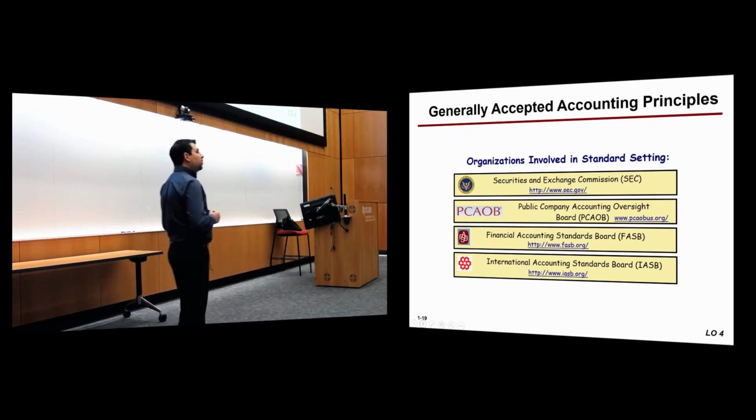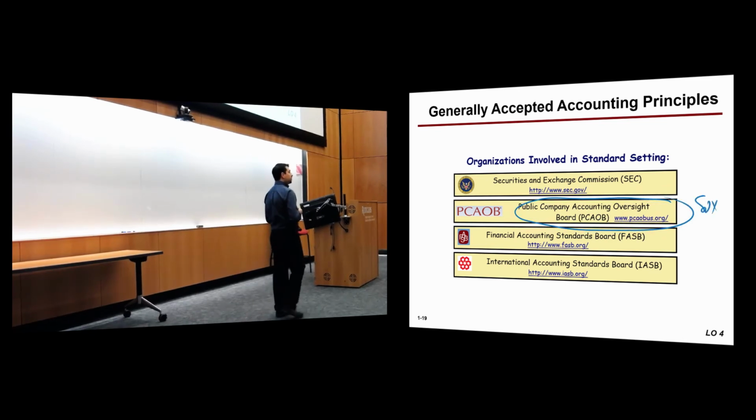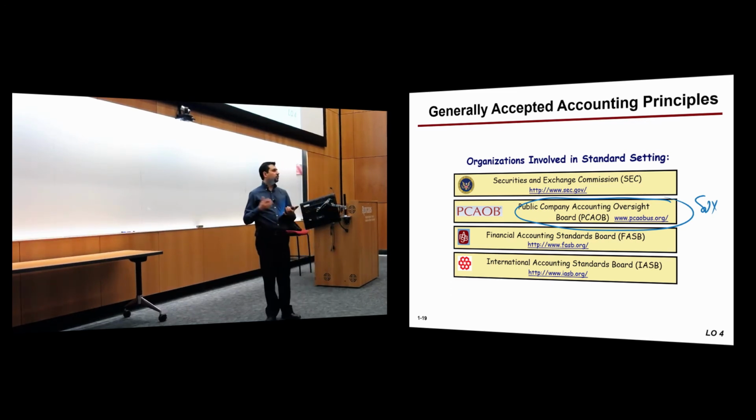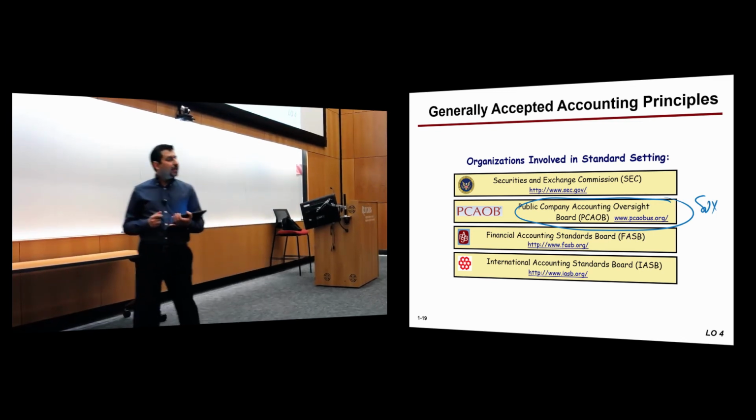The PCAOB, the Public Company Accounting Oversight Board, was created by SOX to oversee the auditing profession, again after the scandals of Enron and WorldCom. Now, this is in the US.